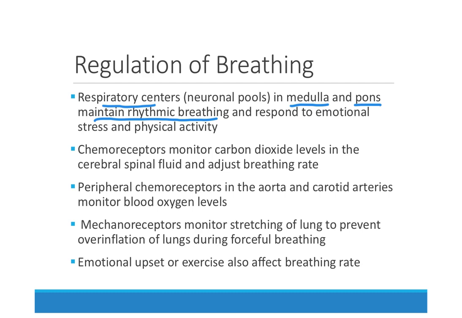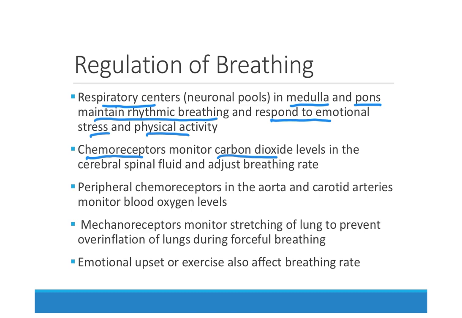And then there's also some response that happens in the brainstem for certain emotional stress, or if you are upping your physical activity. So your brainstem is pretty much in charge of your breathing. But you also have chemoreceptors in the cerebrospinal fluid that are monitoring carbon dioxide levels. There will be triggers based on what these chemoreceptors detect as far as how much carbon dioxide is in the blood.